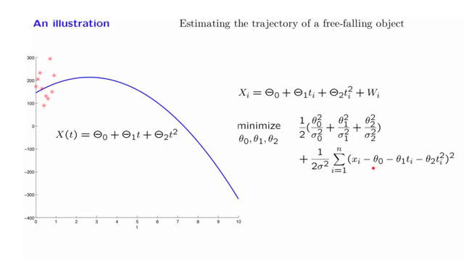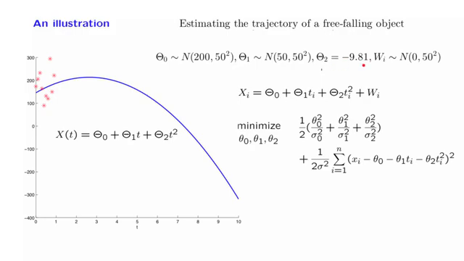Now, for the purposes of this illustration, actually we will change our assumptions a little bit. They will be as follows. Regarding the acceleration, we will take it to be a constant. The acceleration term often has to do with gravitational effects, which are known, so we will treat theta 2 as a constant, and that means that there is no point in having a prior distribution for theta 2.